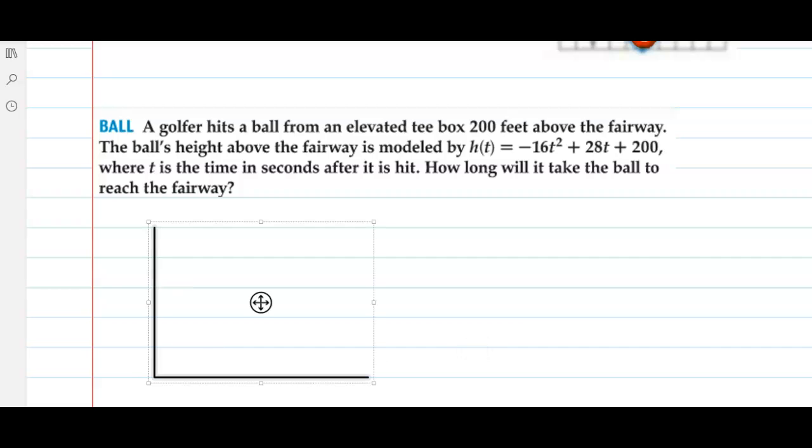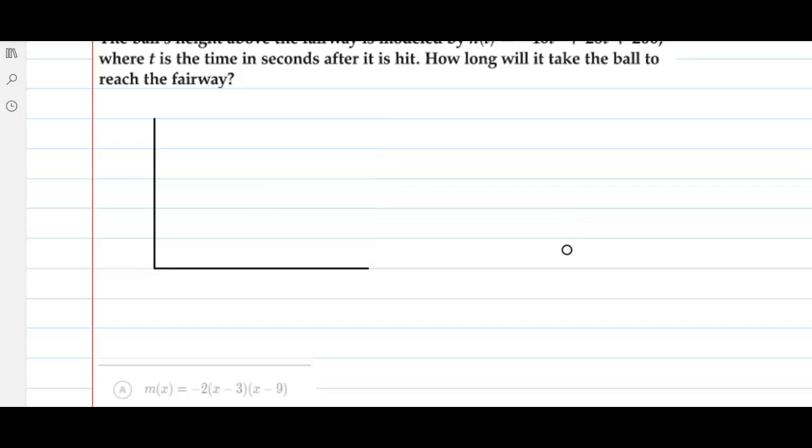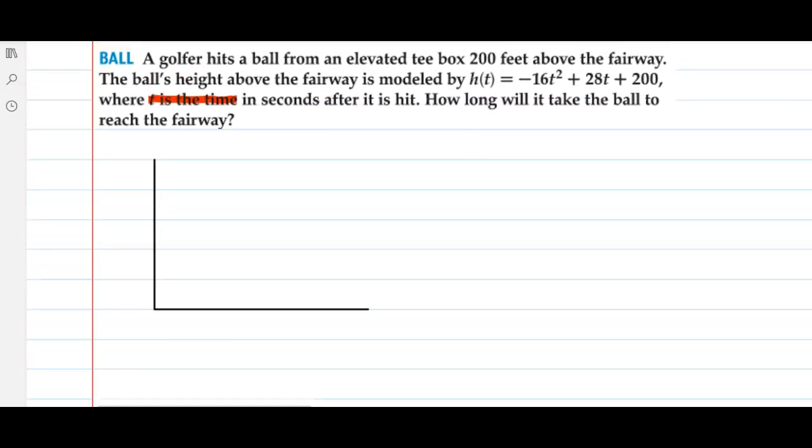You might say, well, why are we only interested in the first quadrant? Well, we're dealing with two things. T is the time, and the ball's height. Both of these variables cannot be negative. This is our time, and this is our height.